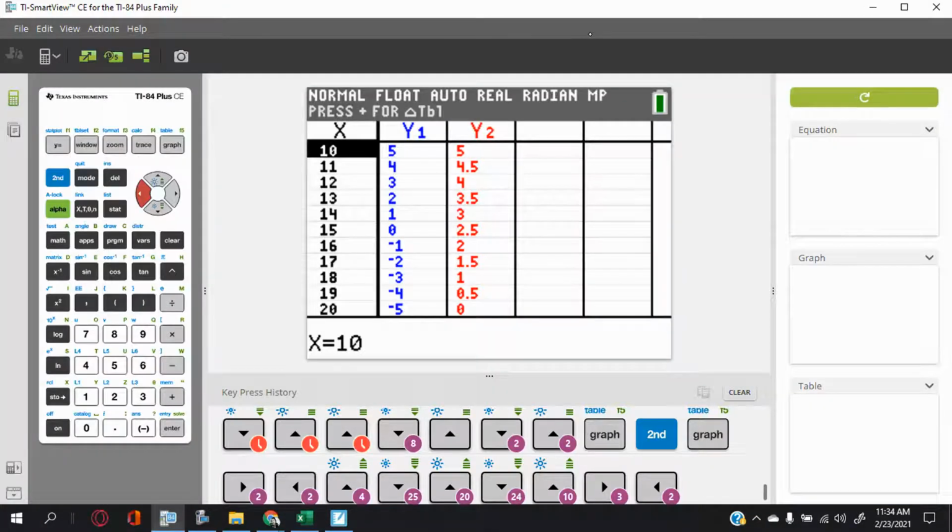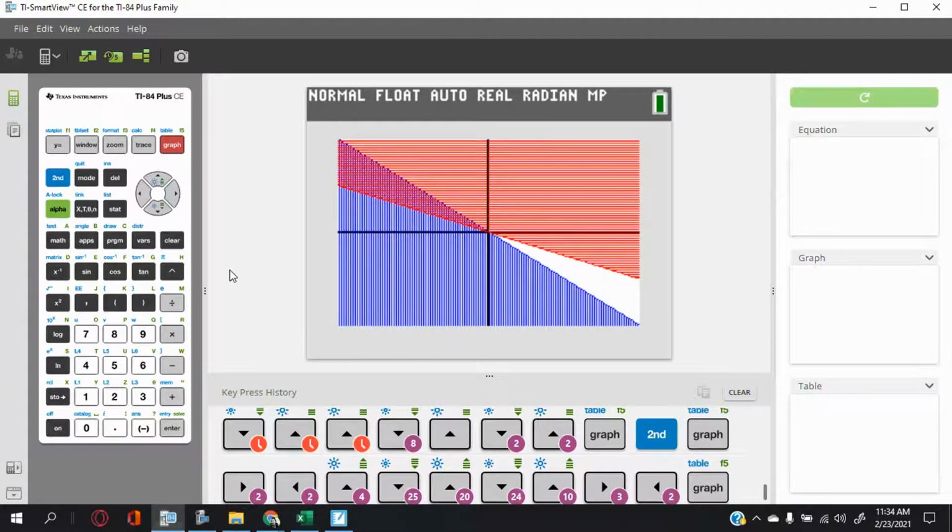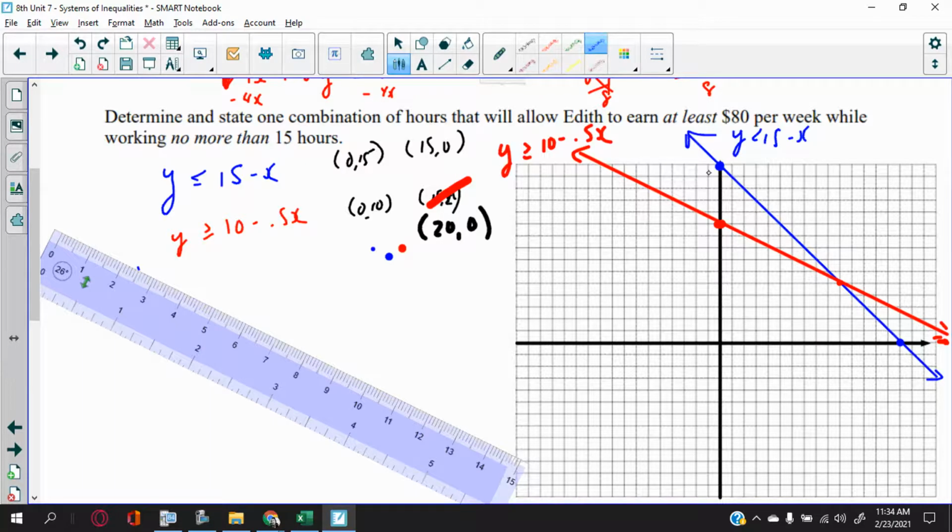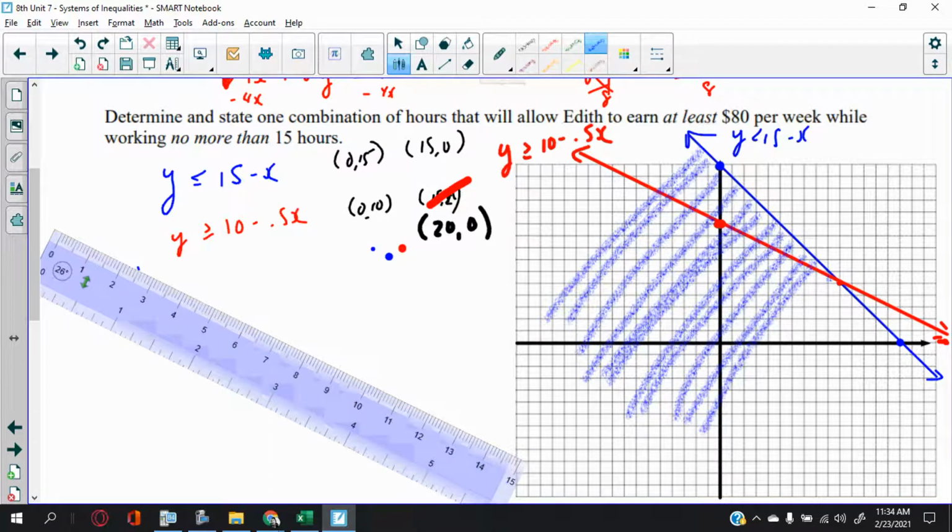All right, let's look at the shading. Blue is down, right? Because blue is less than. So let me go like that. Yeah, this is gonna be a one question video. It's okay. Like that.